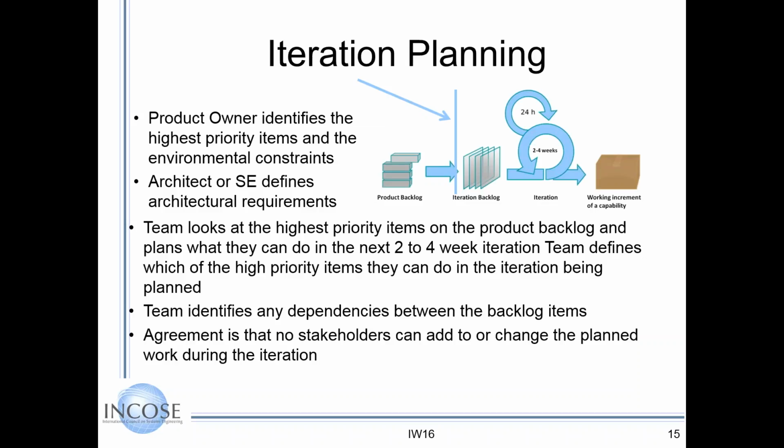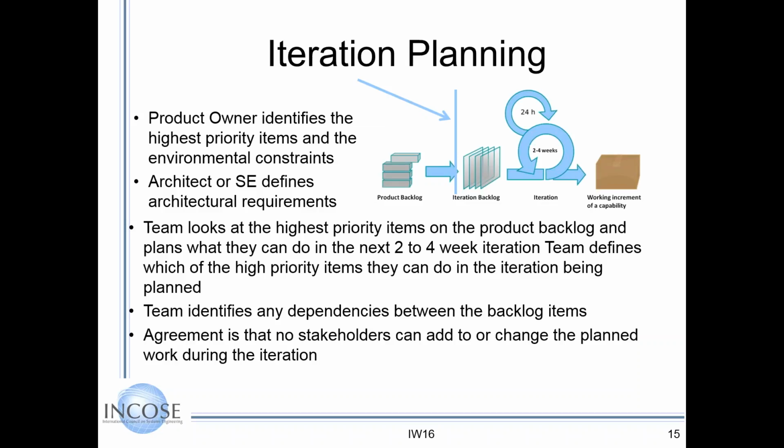So the iteration planning at this point identifies the highest priority environmental constraints that are important to include, and I'll talk more about that in charts, but have attributes, for instance, if you've got availability requirements and performance requirements and things like that.